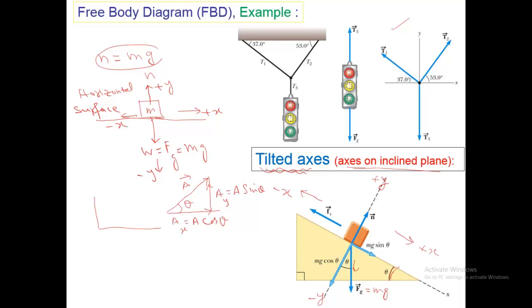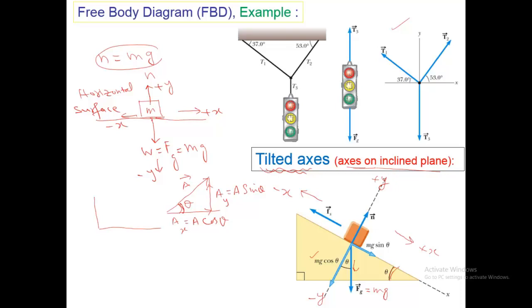Now keep in mind, I'm giving you the basic concept, and then you will understand how we have mg sine theta on this side and mg cosine theta on this side. Otherwise, if I directly tell you, you will be confused. So keep in mind the basic idea. Focus on the theta.